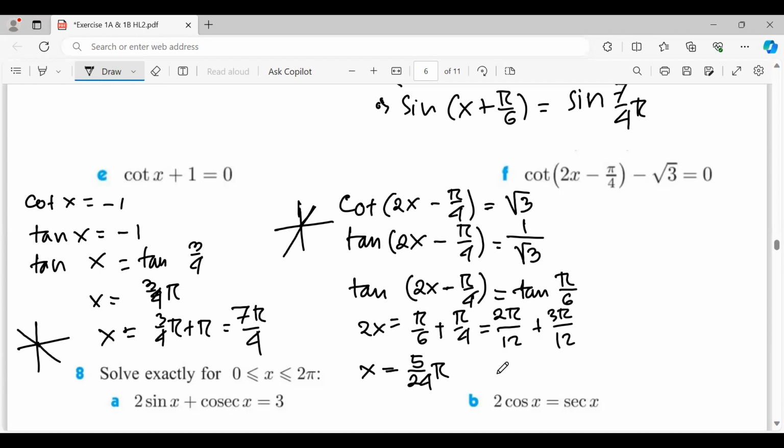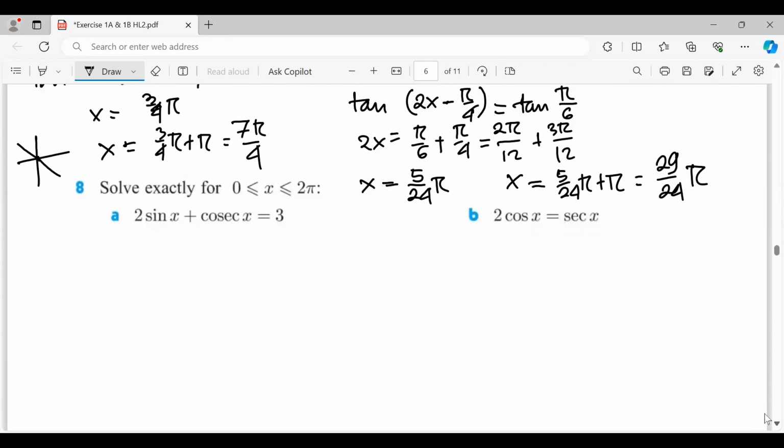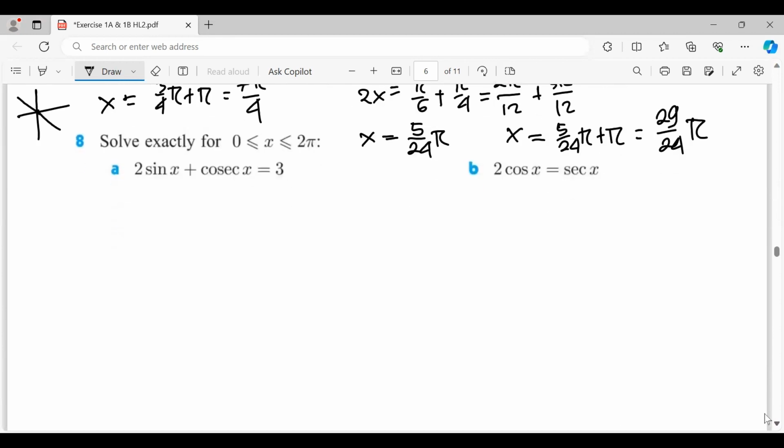So it means the next x is x equals 5/24 pi plus pi, which is 29/24 pi. Move to number 8. Number 8, solve exactly for interval 0 to 2 pi.